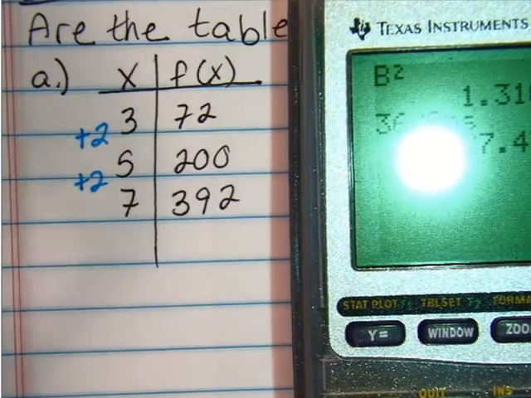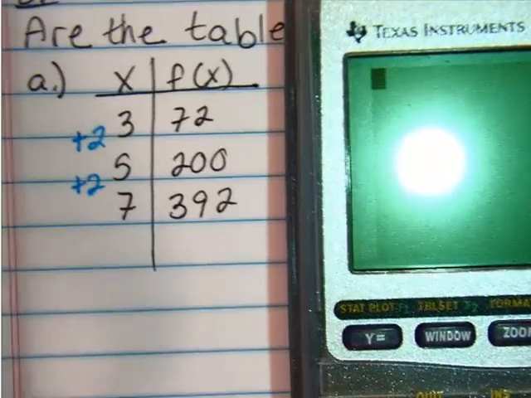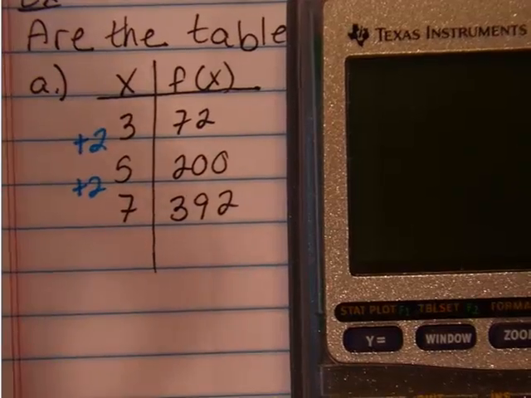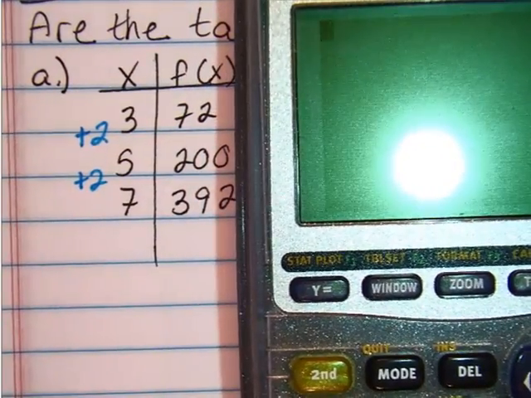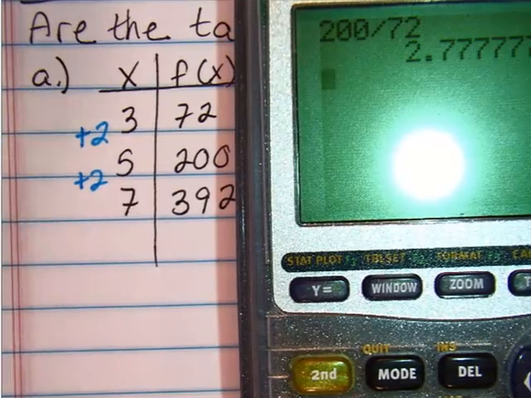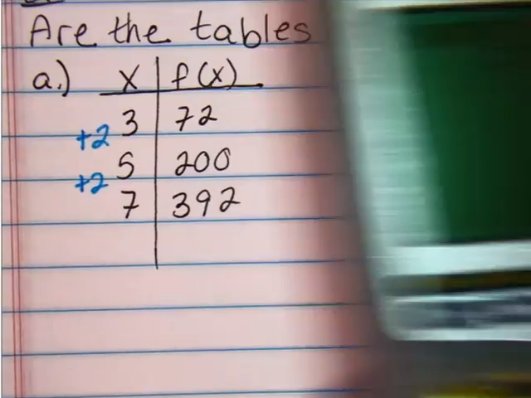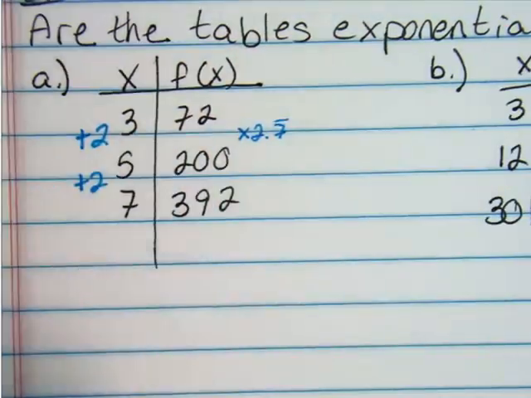I take 200 and I divide it by 72 to see if it's going to be multiplied. So that's 2.77, so this is multiplying by 2.7, repeating.